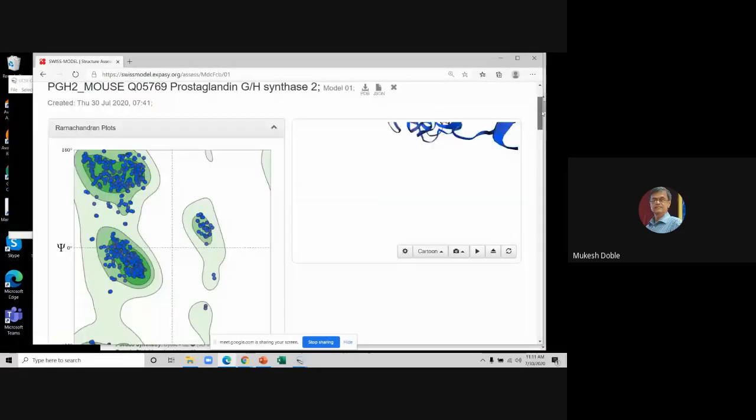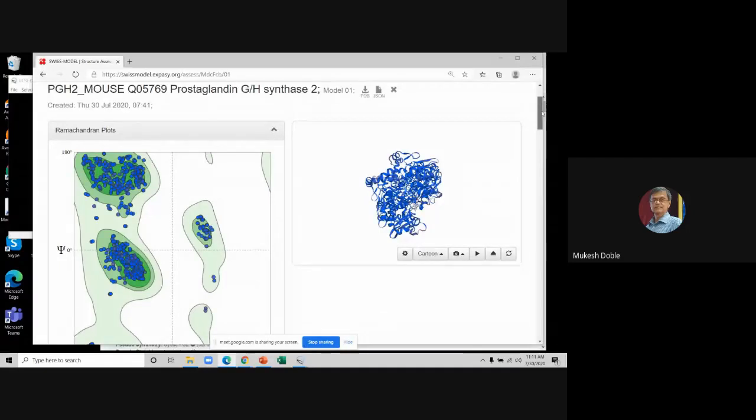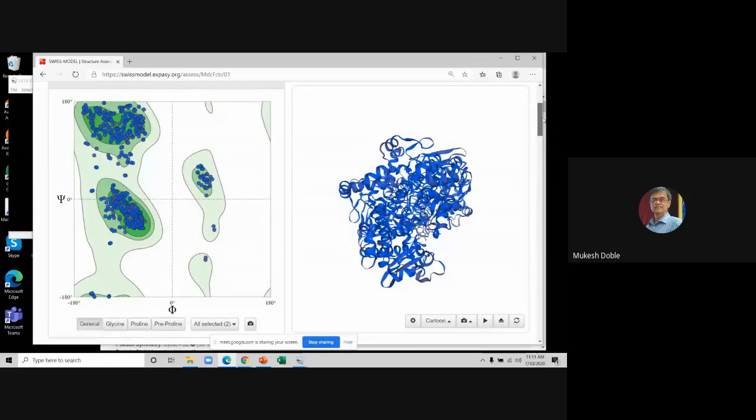Okay, so I talked about the Ramachandran plot, that is called the phi-psi angle. As you know, Professor Ramachandran worked in Madras University and Indian Institute of Science, and he came up with the angles which the amino acids take.